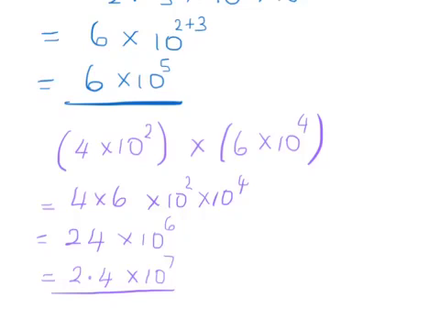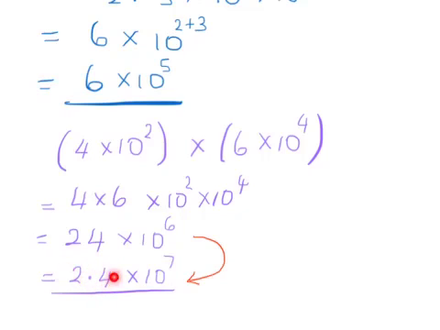Also note, when you're going from this to here, from 2.4 times 10 to the 6, how do you know whether this number must increase by 1 or decrease by 1? Remember, we moved this decimal place 1 place, so this must change. Well, you can think of it like this: 24 has become 2.4, so you've divided that by 10.